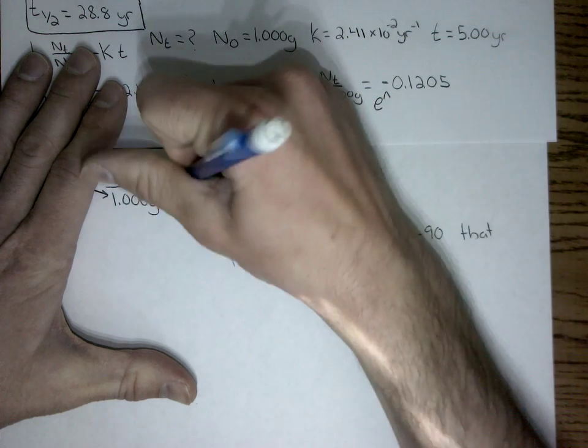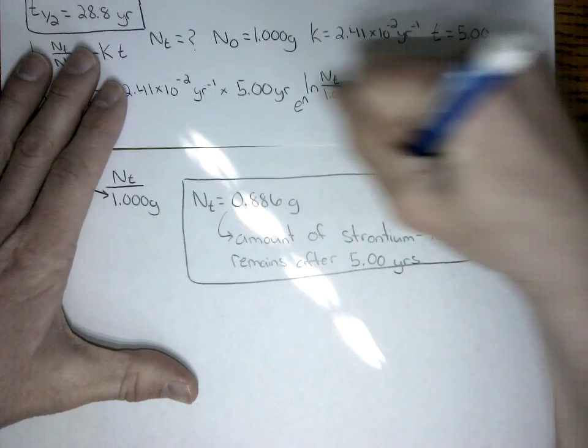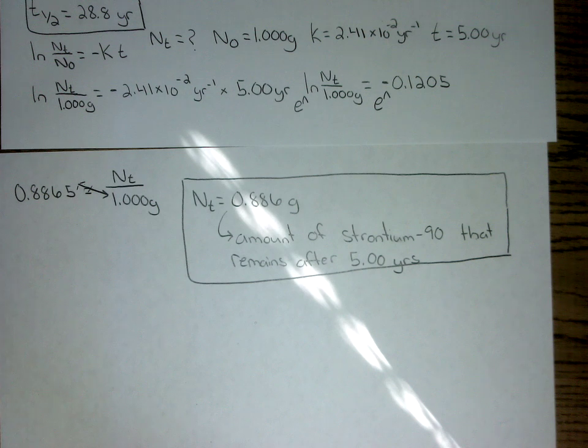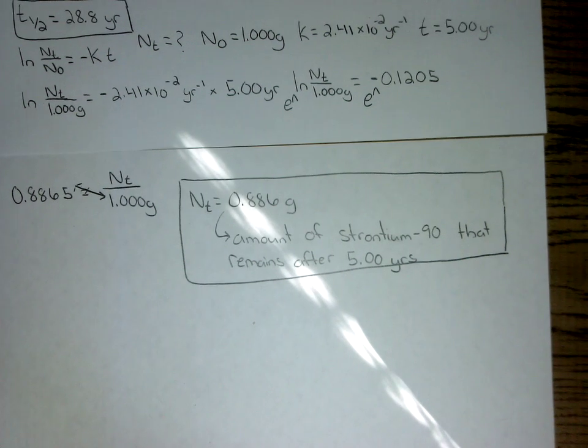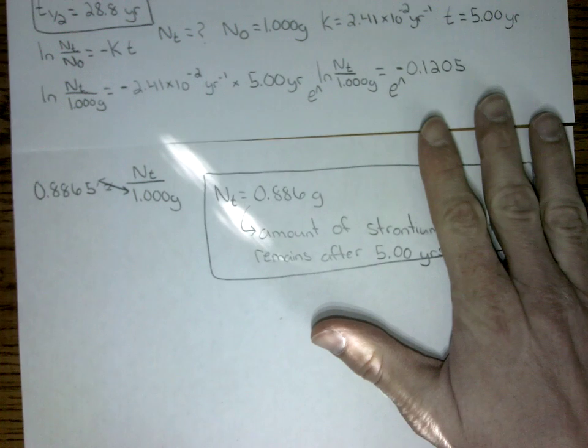This should make sense because one half-life was 28.8 years. So we haven't even got to a fifth of the half-life, and so this should make sense why we still have a large chunk of what remains in our particular calculation. All right, so again, this was the meat and potatoes of this section.